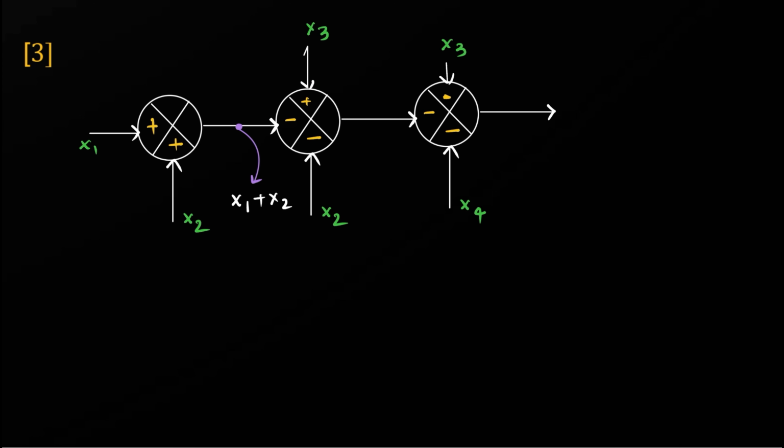So here I get x1 plus x2 minus x2. The x2 terms get cancelled, so I directly write x1 plus x3.